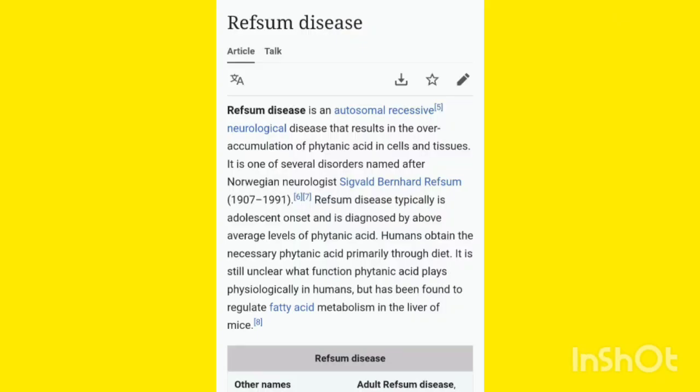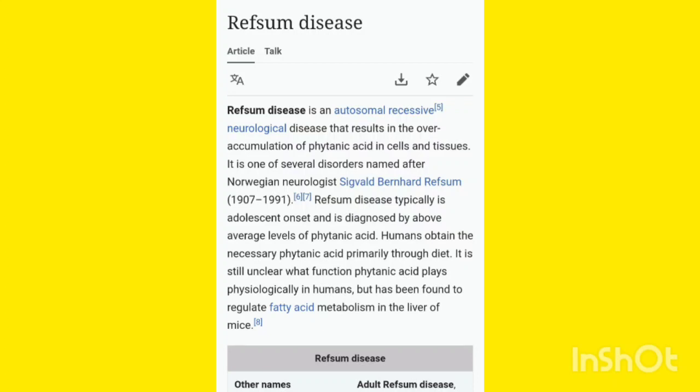So let us learn about the definition of Refsum disease. Refsum disease is an autosomal recessive disorder. Remember, it is an autosomal recessive disorder, and it is a neurological condition. So most of the patients will come to the neurology department.